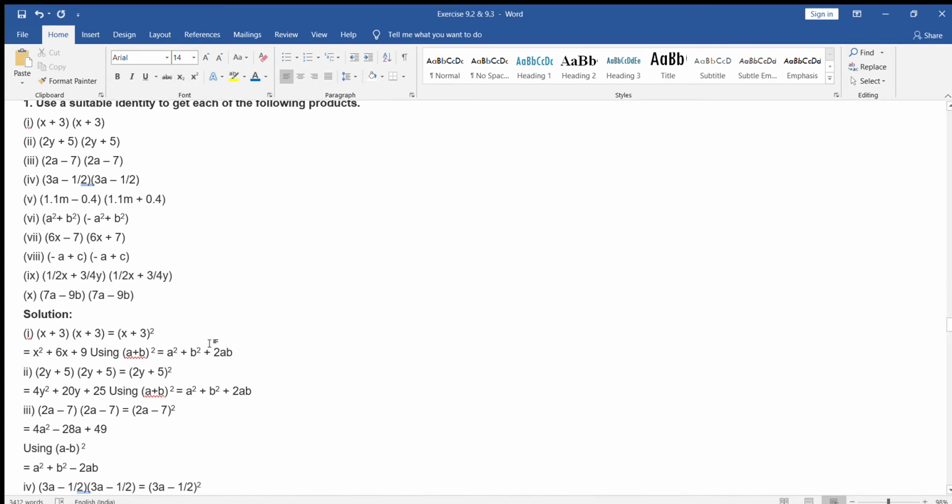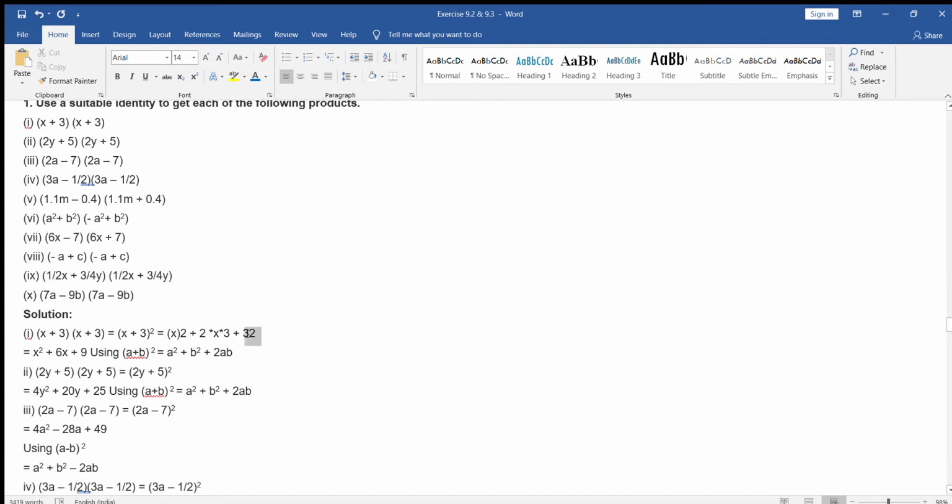The first question of our exercise is (x plus 3)(x plus 3). While using the identity, we put the value x instead of a. Then 2ab becomes 2 multiplied by x multiplied by 3, and b square means 3 square.